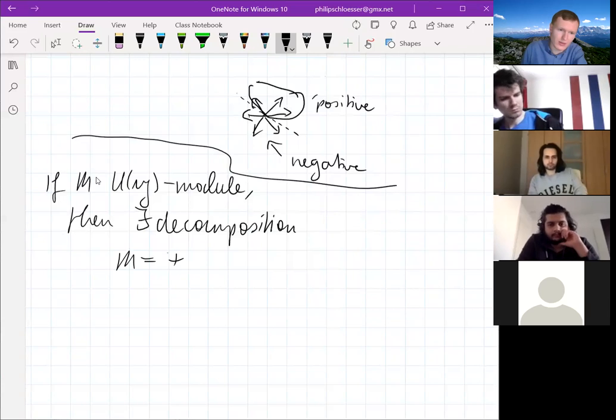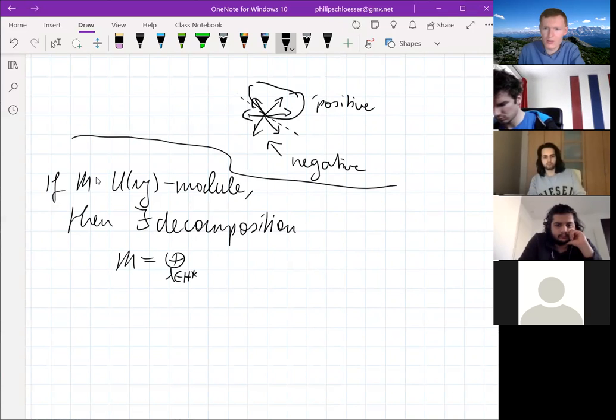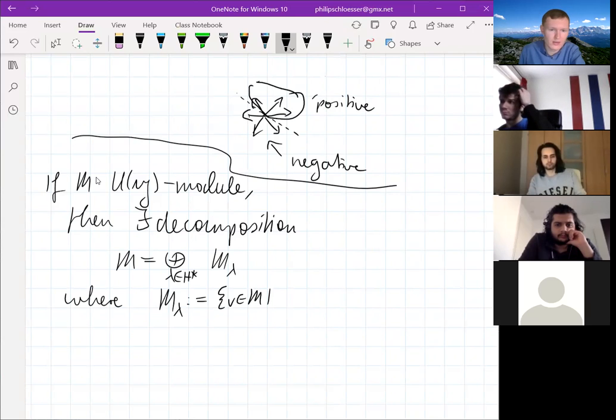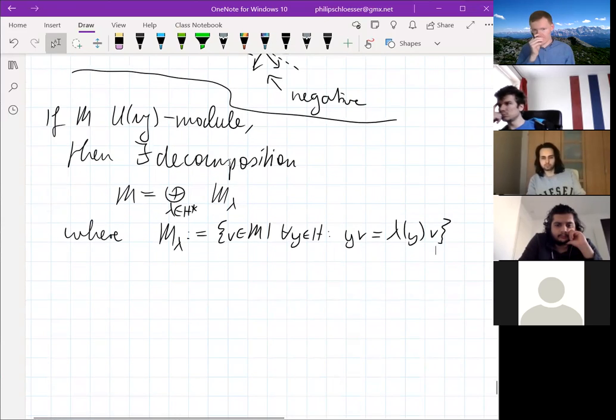M is equal to the direct sum over lambda of M lambda, where M lambda is the set of all vectors v such that for all h we have hv is equal to lambda(h) v.